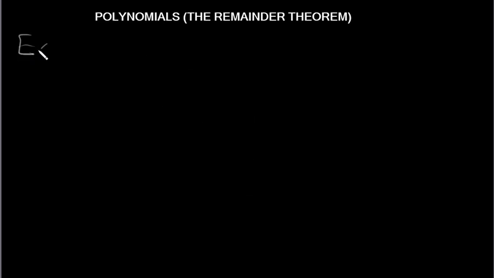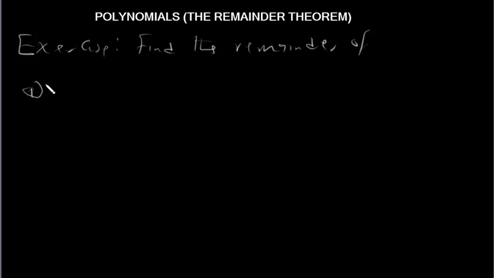Okay, this is your exercise. Find the remainder of x cubed minus 2x squared minus 3x plus 5 divided by x minus 5.